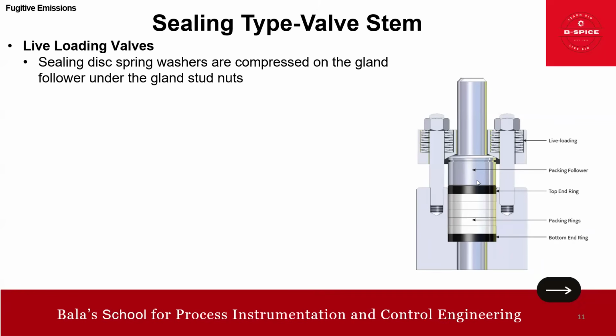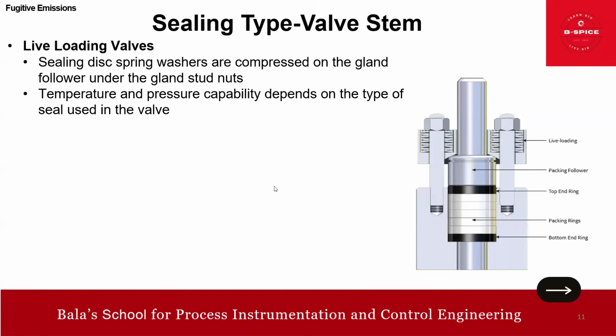You see here, the packing follower, under the gland nuts. So the disc spring washers are compressed on the gland follower under these gland nuts.